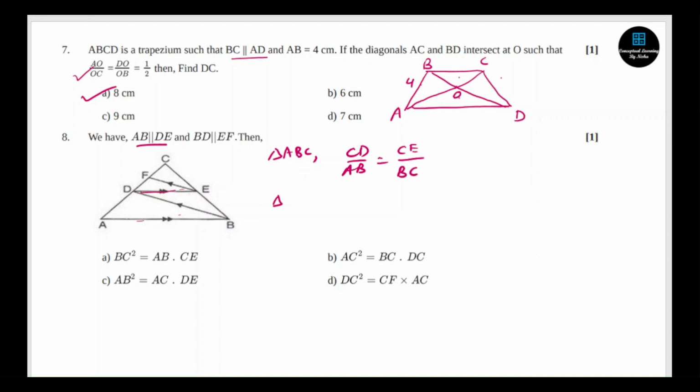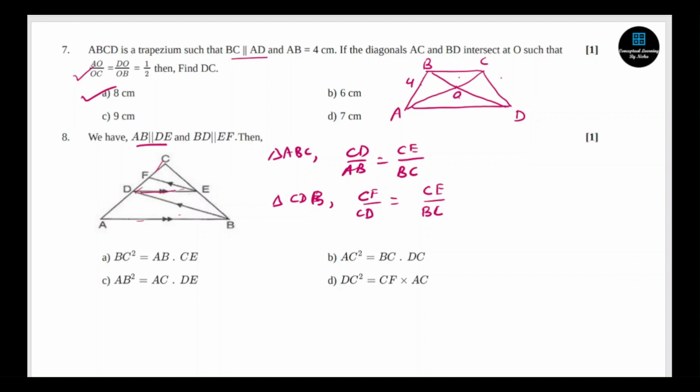And if I consider triangle CDB, sorry, this triangle, then CF to CD equals CE to BC, correct?